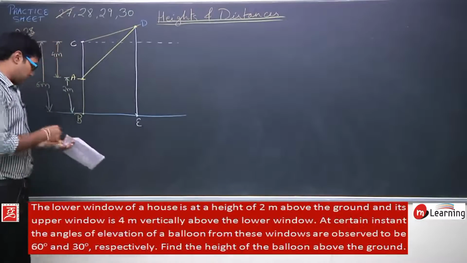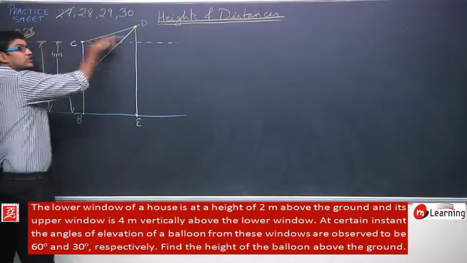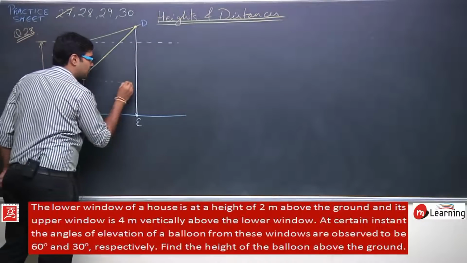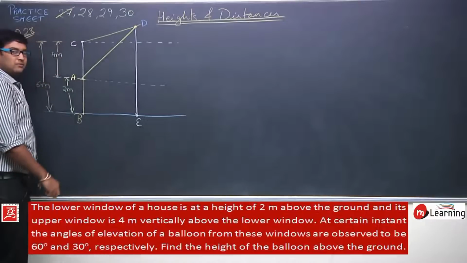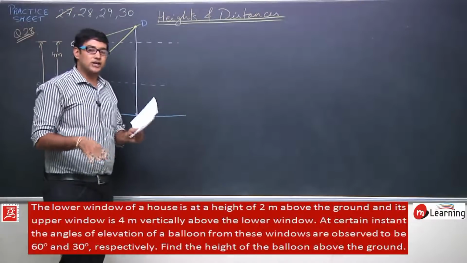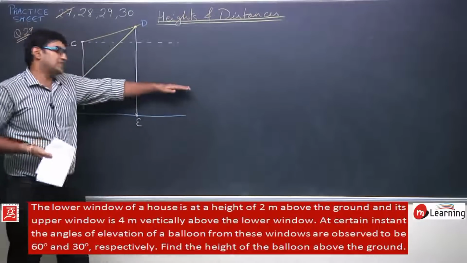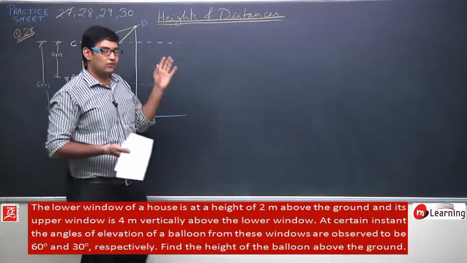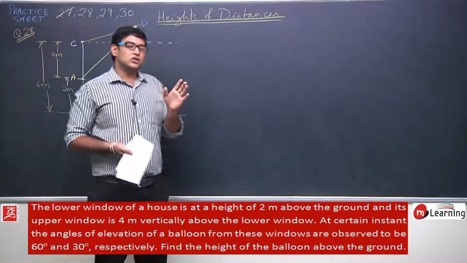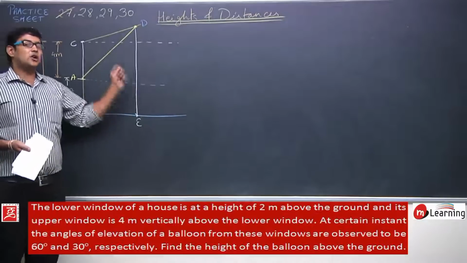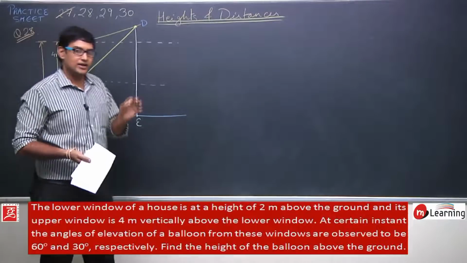Now similarly, as I have drawn a horizontal line from this point C, I can draw a horizontal line from this point A also, like this, because this line shows the level of point A. If there is an object on this line, then there will not be any angle of elevation or angle of depression, because to observe an object located on this line, I need not move my head upwards or downwards.